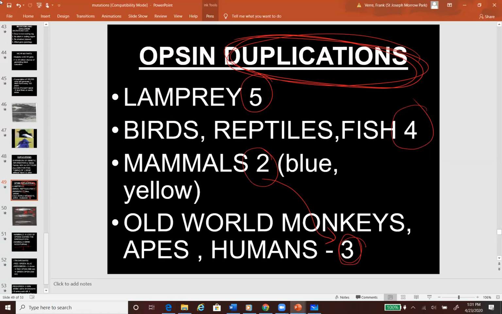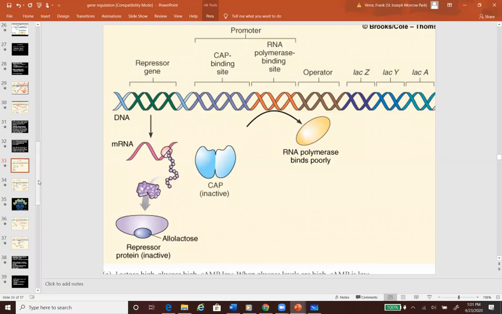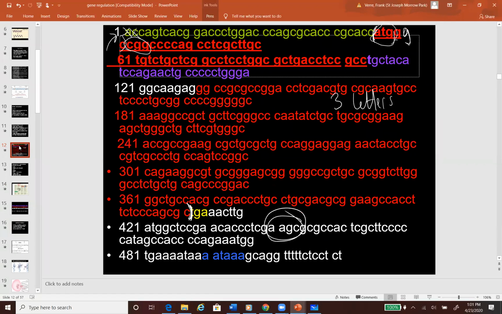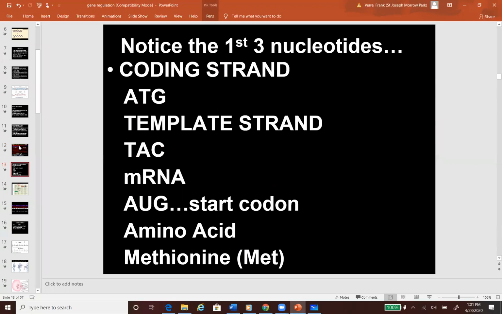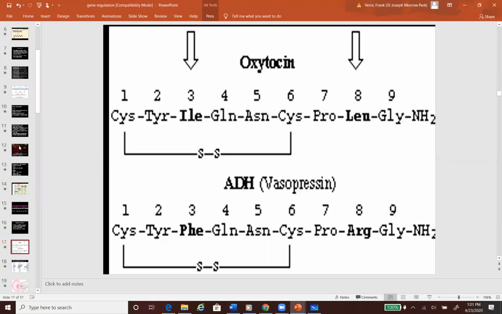An interesting example of that is going back to when we looked at reading a gene. If you remember, what was the name of the gene that we looked at? Do you remember its name? It was oxytocin. Okay.